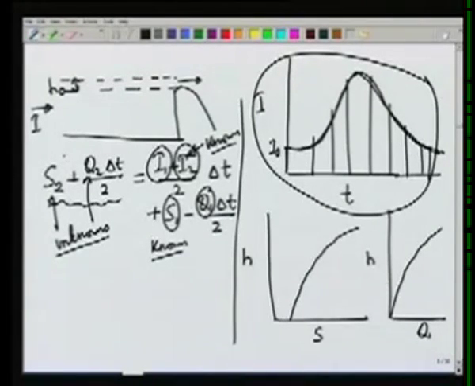The problem now is that S2 and Q2 both are functions of H, so we cannot directly solve for these in an analytical form. So there are some graphical methods which are available for solving this equation.